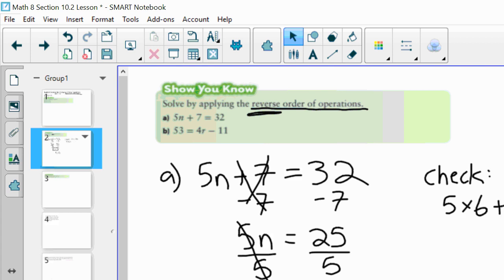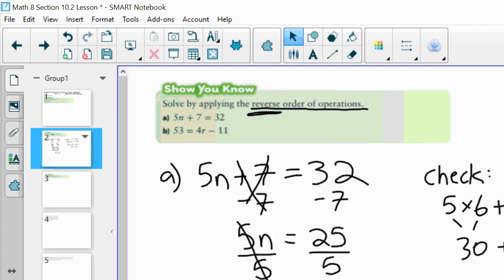Okay, so for B, I get 53 is equal to 4r minus 11. So I'm trying to solve this. First thing I do is the addition or subtraction that's being done to my variable. So it's minus 11, so I'm going to add 11. I'm going to add 11 on this side. 11 minus 11 plus 11, those cancel out.